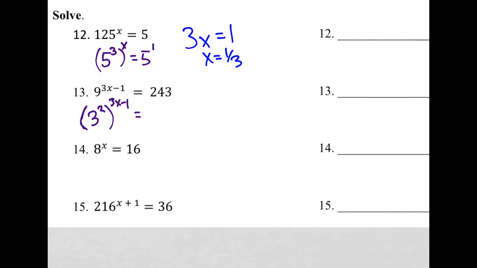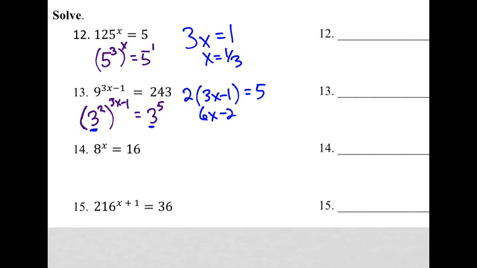So let's see if 3 can be used as a base for 243. And it can. 3 to the 5th. So let's go back and use our power of a power rule again. And that 2 is going to be multiplied times 3x minus 1. And it's going to equal 5. So we got the bases the same. And so then our exponents become the equation that we can solve.